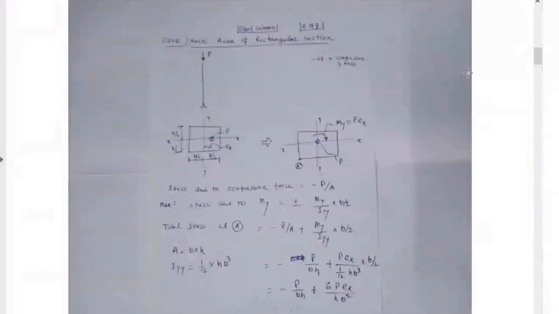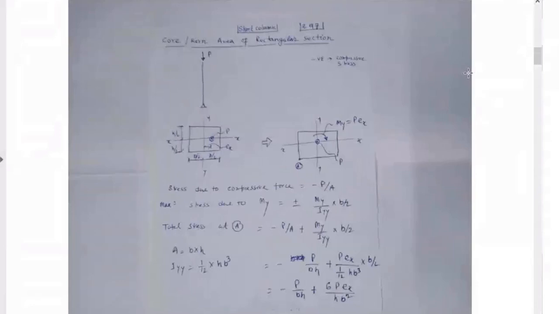Again, what is the stress due to the bending? That is M by I multiplied by y. What is M? M is the moment about the axis. What is I? I is the moment of inertia about that axis, about which the moment is applied.